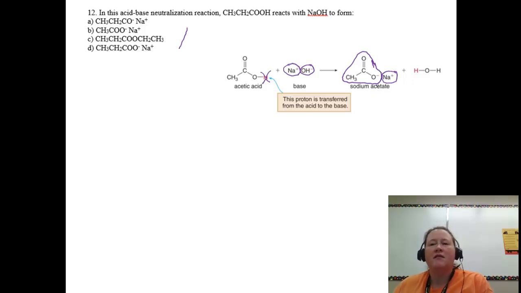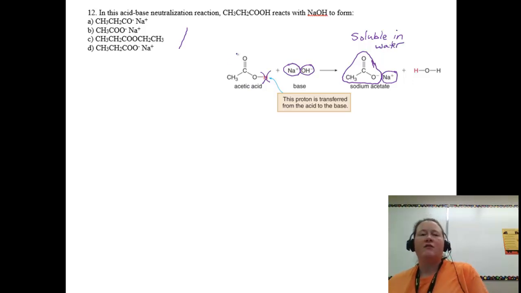And a salt is the product of an acid-base reaction. When you react an acid with a base, you produce a salt and water. And what is unique about this carboxylate salt is that it will tend to be soluble in water even if the original carboxylic acid was not.